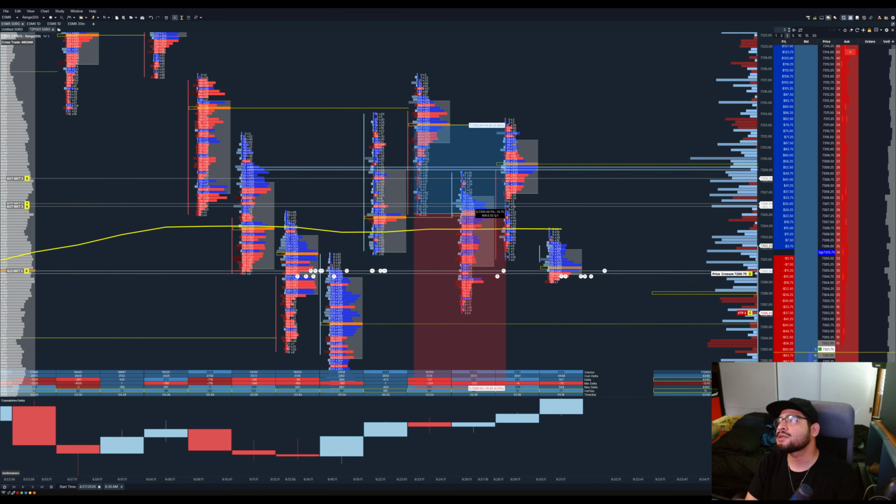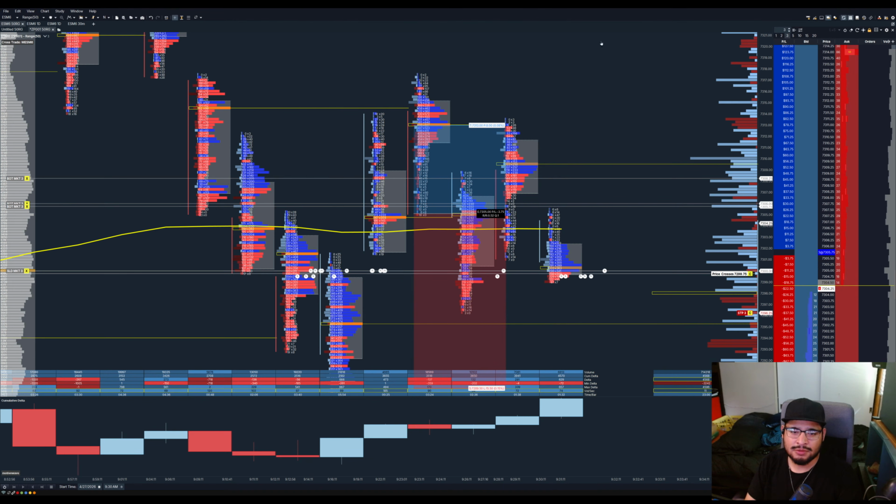Delete these zero prints since we filled them already. Okay, so we're seeing some price action above. We're seeing price start to accept above VWAP.